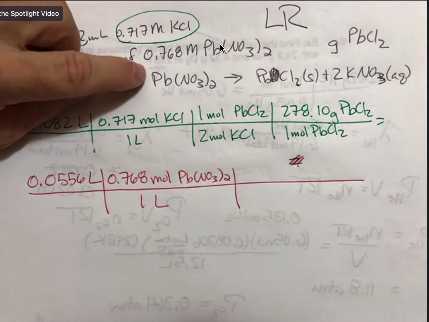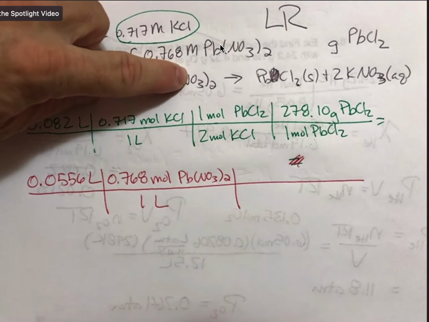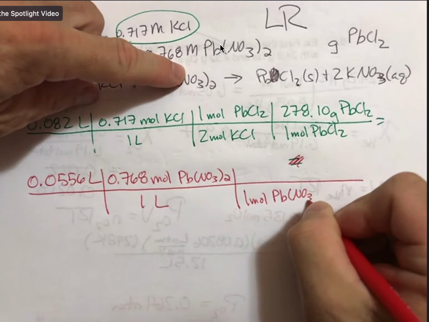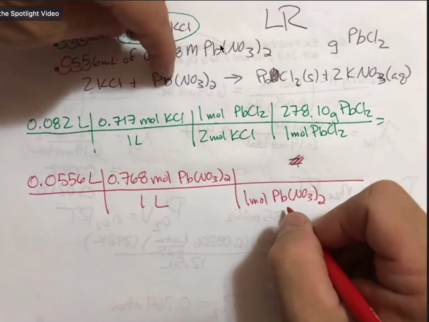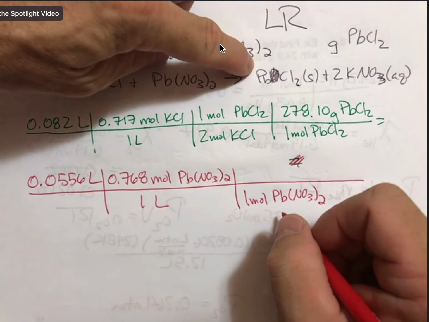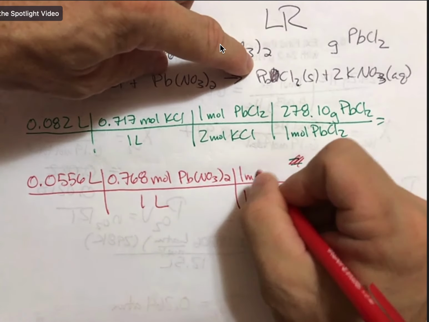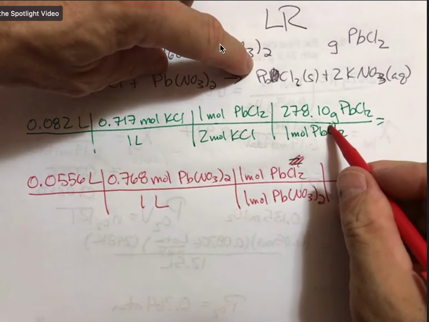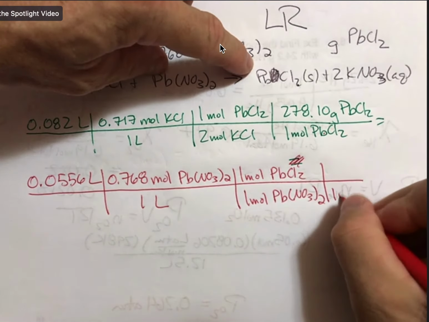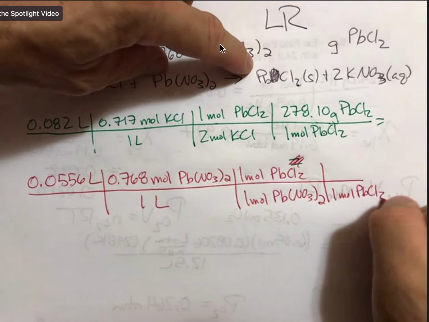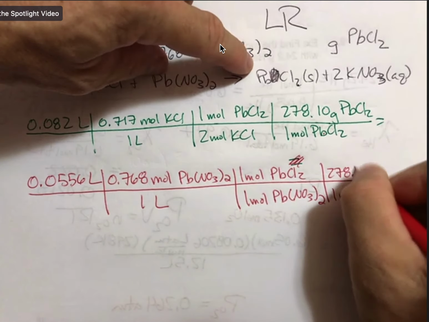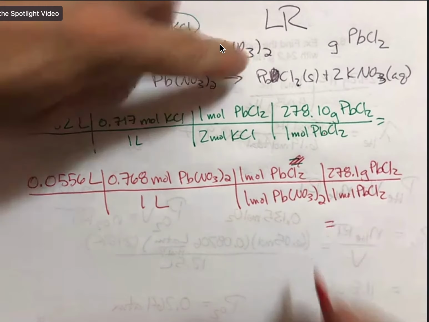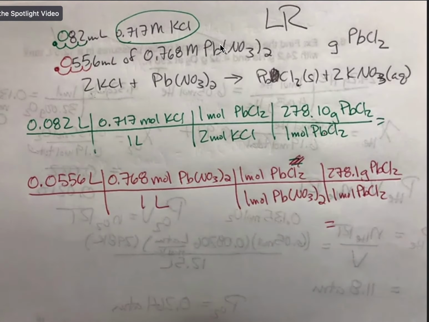This time I have 1 mole of lead 2 nitrate on the bottom for every 1 mole of lead 2 chloride produced. And then my last step is the same. And again, I almost run out of space. All right. Are there any questions about this setup?